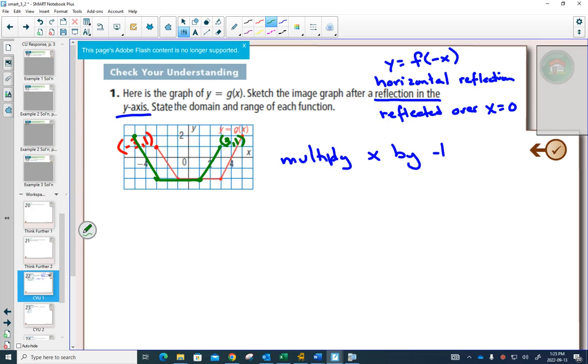Visualizing it in your brain, can you take the red graph and flip it over the y-axis? Does your brain do that? Some brains are like, no, it gets messy in there when I try. I pick it up, it fell on the floor, it broke. I don't see what it looks like anymore. Other people have that ability to take something like this and say, yes, I can imagine picking it up, flipping it over, and it landing where the green graph is.